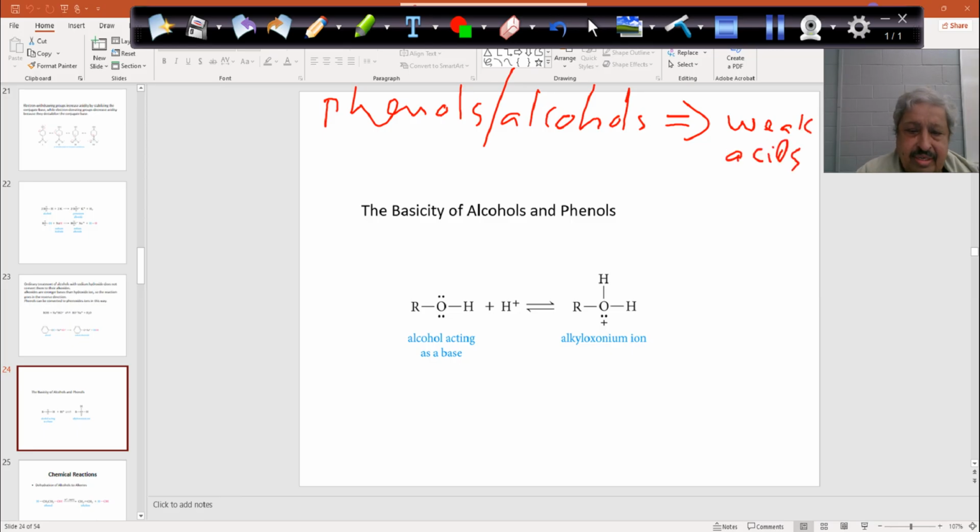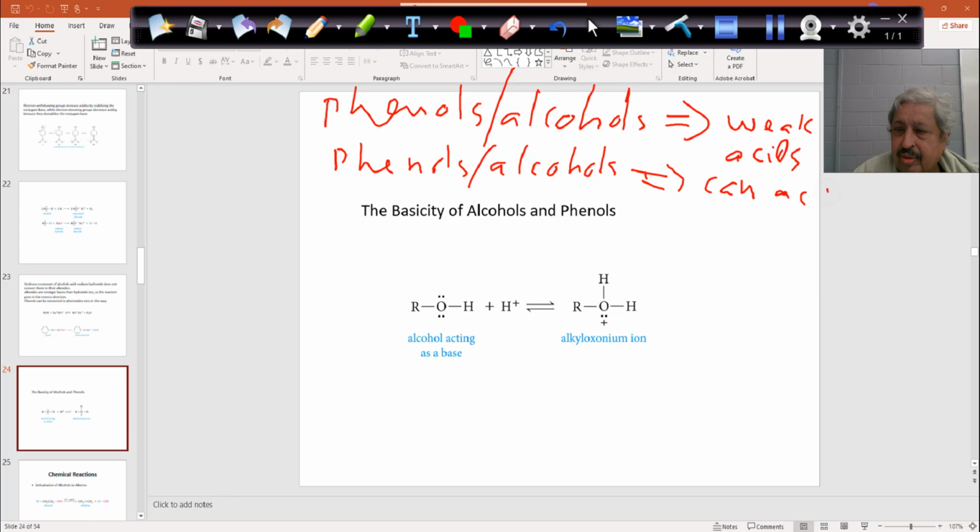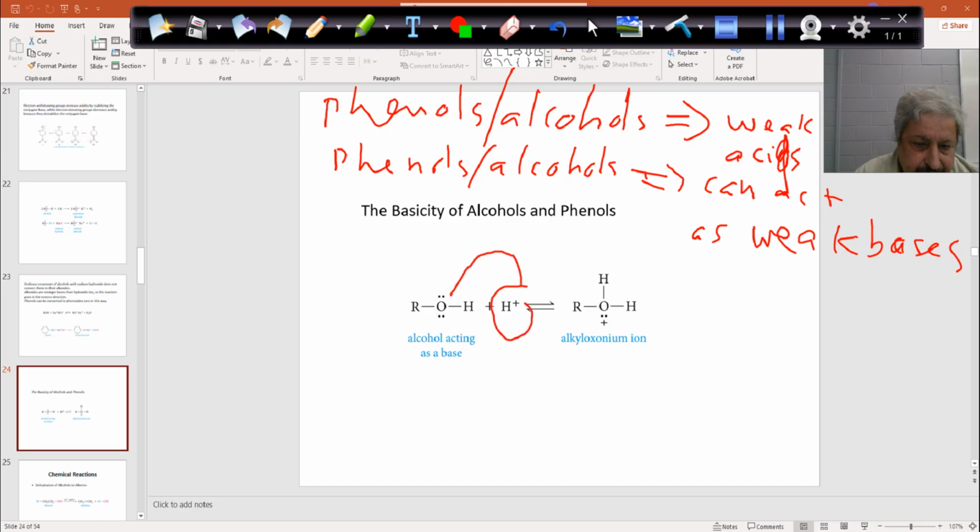However, in some instances, they can accept protons, so phenols and alcohols can act as weak bases. So they can accept the protons here.